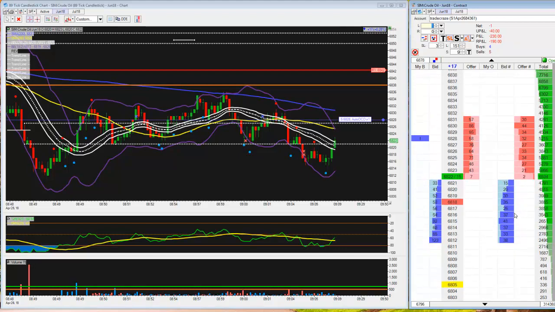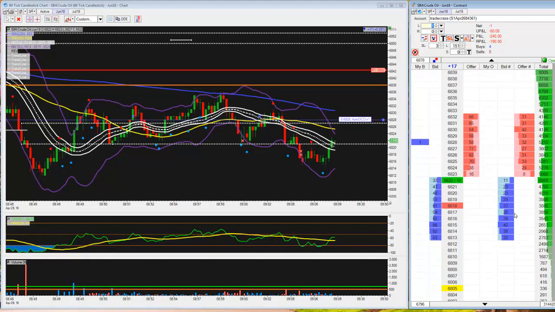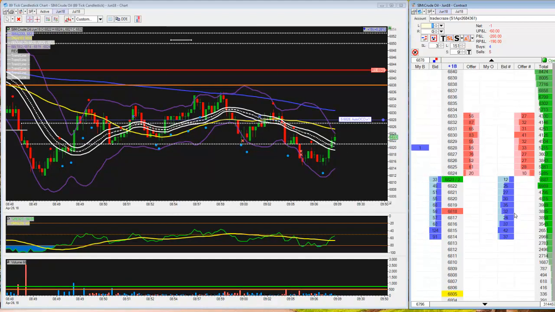This literally would have been trade 3. Now I should be down about 9-10 ticks right now.